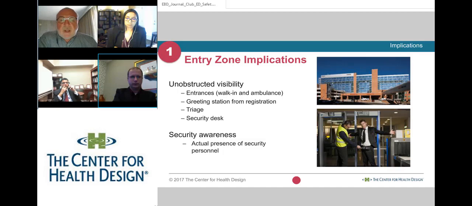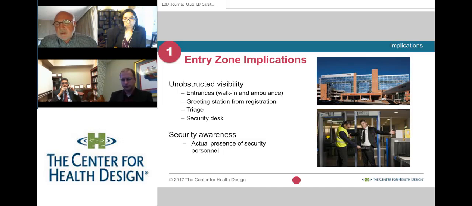So I'm going to go back through the 5 points that DJ outlined and just talk about the practicalities of this. The issue of entry zones, as DJ noted, is the top priority for the staff that work within the emergency department: the ability to see unobstructedly through that area as people approach the building, as they enter the building, as they move through various steps that are a part of that particular hospital's practice of engaging a patient in the emergency department.